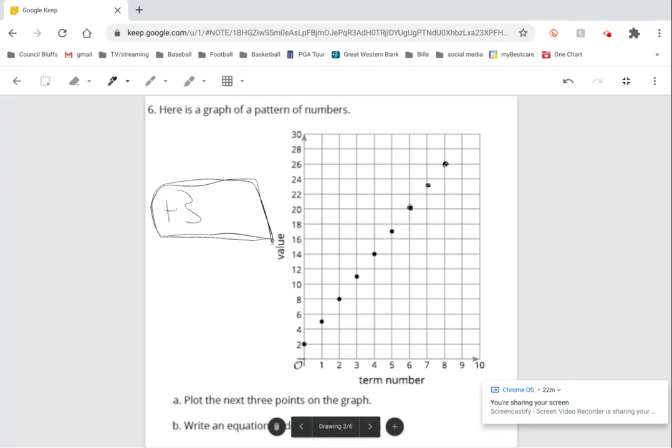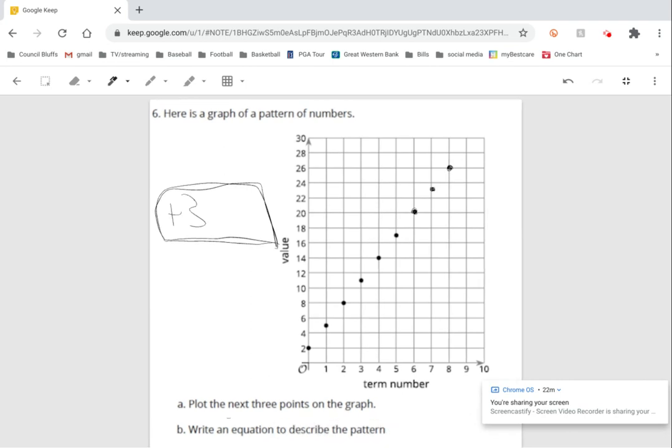Okay. Part B, write an equation to represent or describe the pattern. So we're going to do the same thing that we did a couple of questions ago when we did the one with the bus rides. We're going to do our y equals mx plus b again.